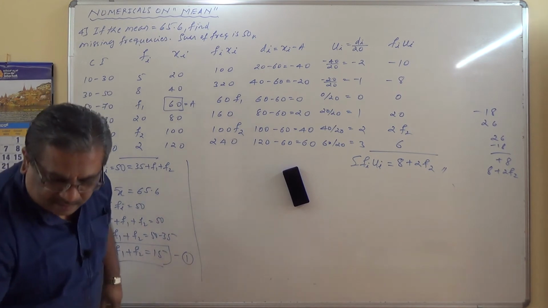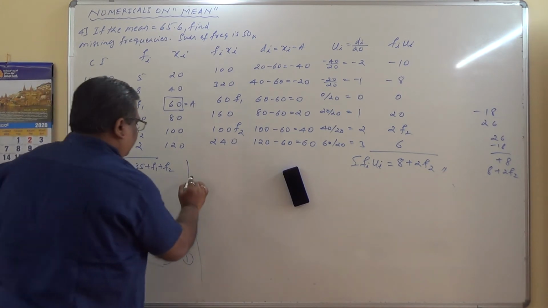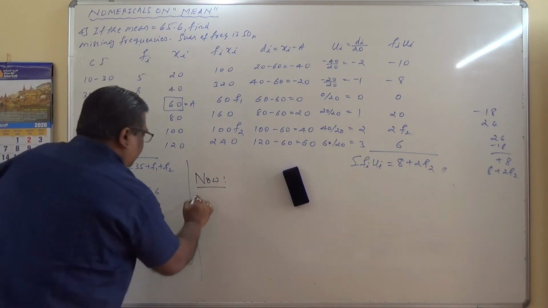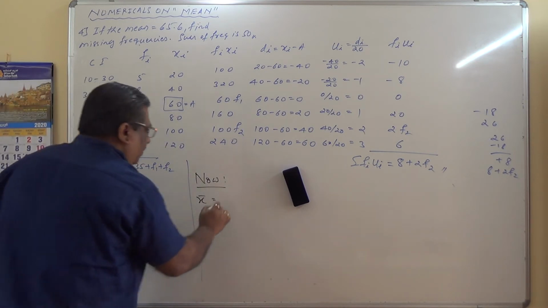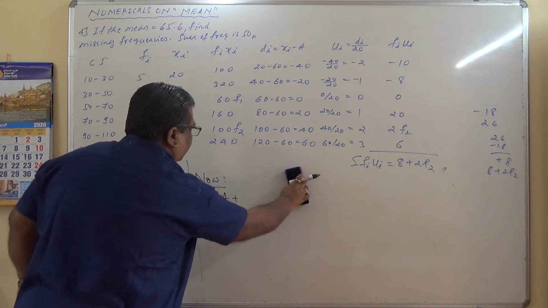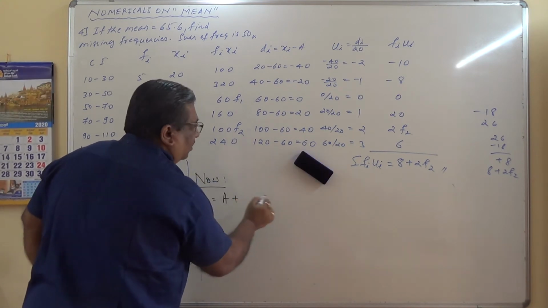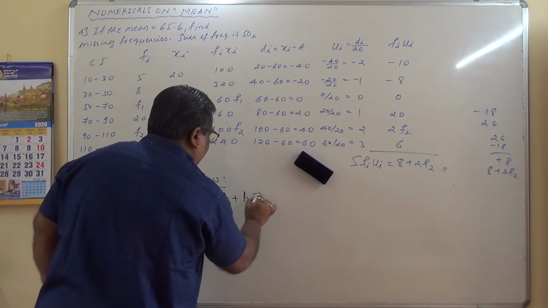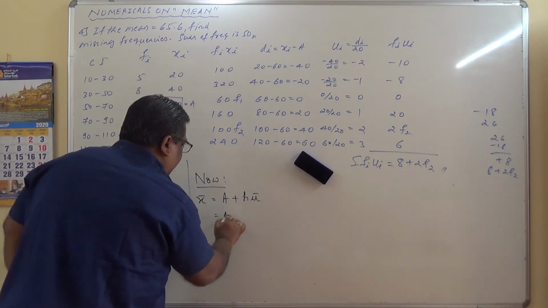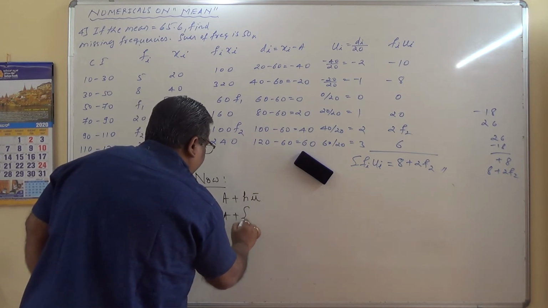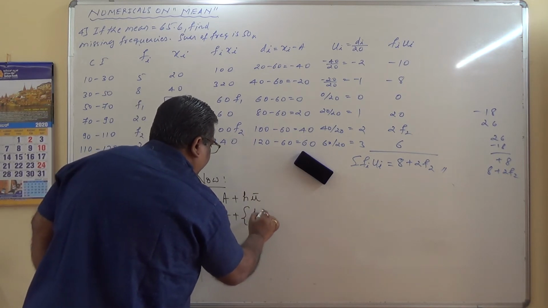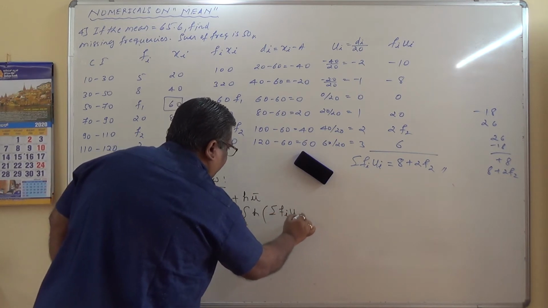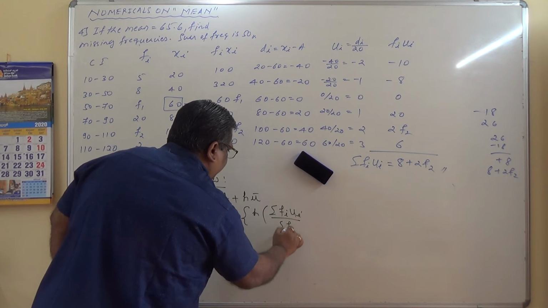Now x bar equals a plus h u bar, which is a plus h into sigma fi ui divided by sigma fi.